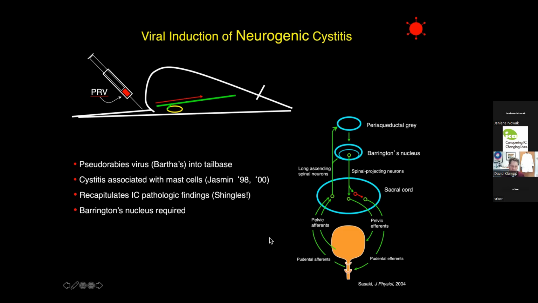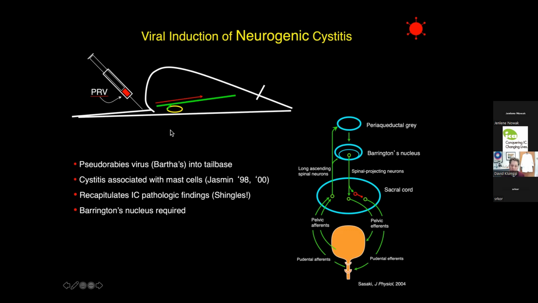And one of the early models that we started using in our rodent studies, we did it in mice. It was originally shown by Luke Jasmine that if you inject rodents with pseudorabies virus, and this is a lot like zoster virus, the chickenpox virus that also causes shingles, if you inject mice with this virus, that it results in an IC-like condition of the bladder, at least histologically.